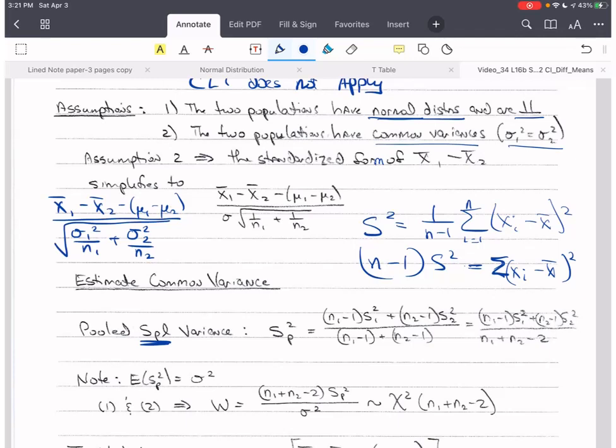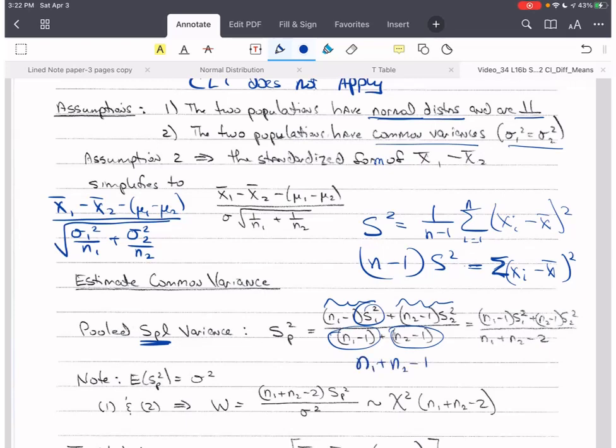So we've got the sum of the squares here, and then the sum of the squares here, and we're adding those up, and then we need to divide by not n minus 1. We had n1 minus 1 in the calculation of s1 squared and n2 minus 1 in the calculation of s2 squared. So we shouldn't divide this by n1 plus n2 minus 1.